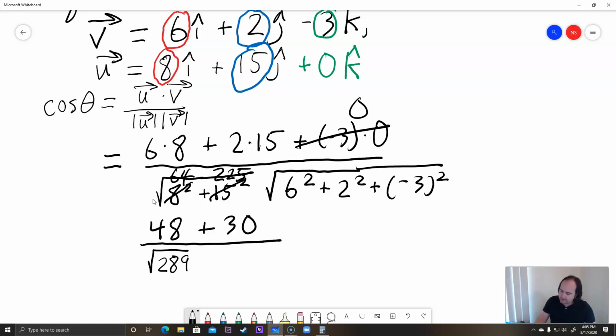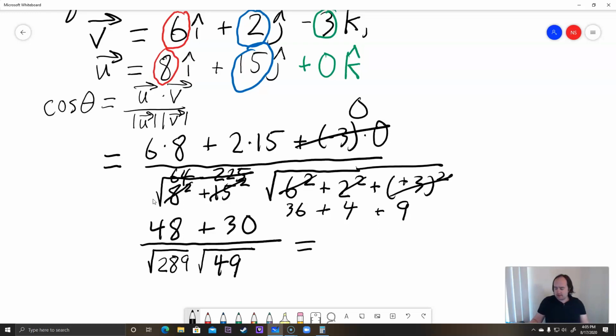And then on the bottom right, the square root, well, 6 squared is 36. 2 squared is 4. And then negative 3 quantity squared, the minuses cancel, and that gives us a positive 9. Okay, so we have 36 plus 4 is 40, plus 9 is 49. So on the bottom right we have 49. And then we can simplify this a bit more. On the top, we have 48 plus 30, which is going to be 78.